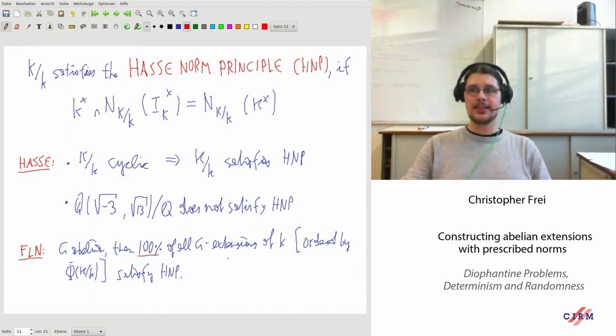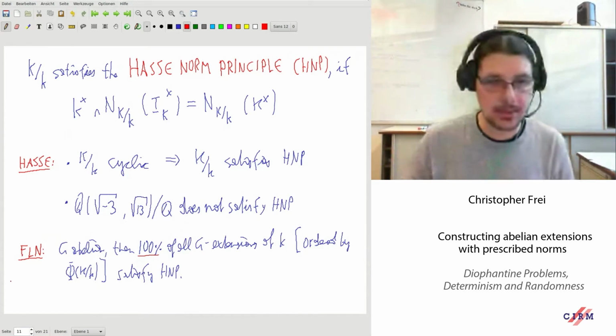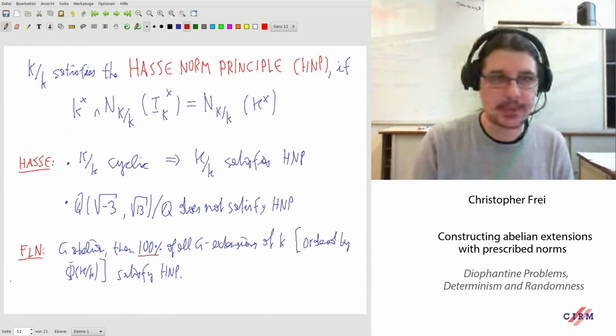You don't necessarily have to count number fields by conductor. The conductor is a really nice invariant to count abelian extensions by, but another, maybe from some perspective more natural invariant to count number fields by would be the discriminant. And it turns out that when you count by discriminant, then things are more complicated. Then this is actually not true for many groups G. Okay, that's just an aside.